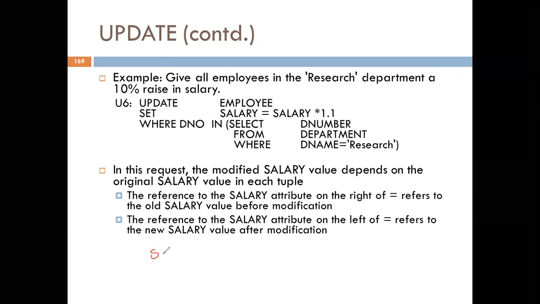In normal programming terminology, we would have written salary is equal to old salary plus 10% means 10 by 100 of salary, like this. So the simplified formula is salary into 1.1.